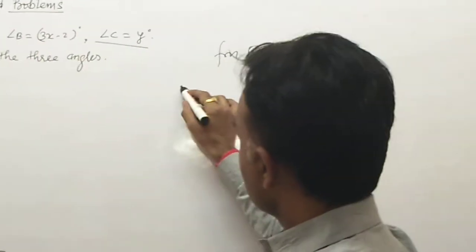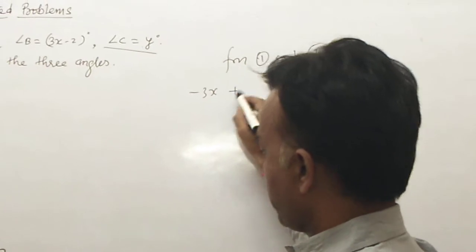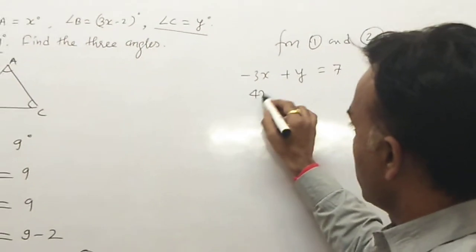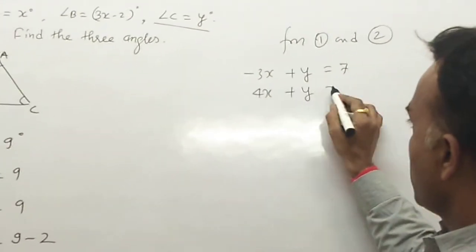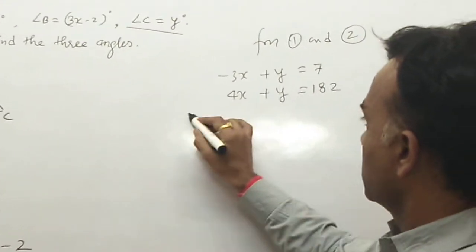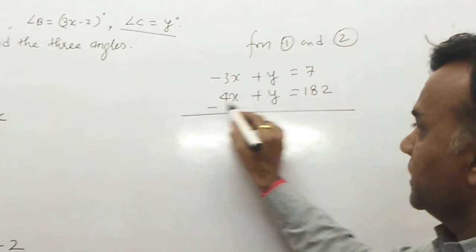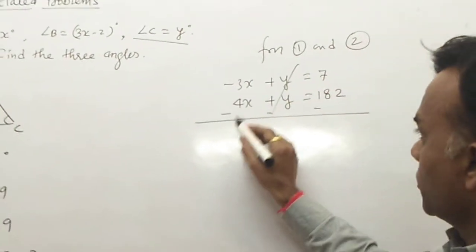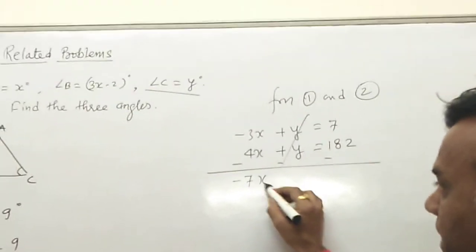Okay, so first equation is minus 3x plus y equal to 7, and second equation is 4x plus y equal to 182. Okay, now you use the elimination method here like minus, minus and minus. So this y is cancelled out. Now both the values are in minus, so your answer is minus.